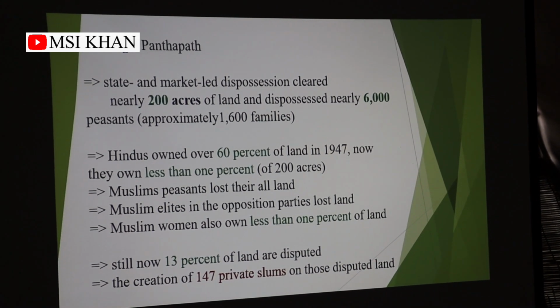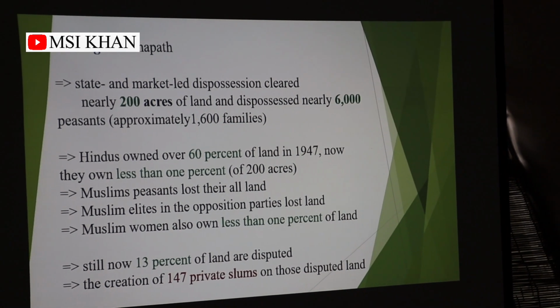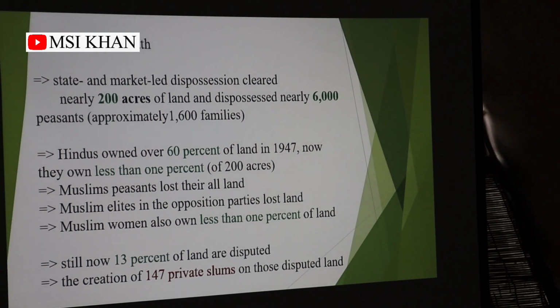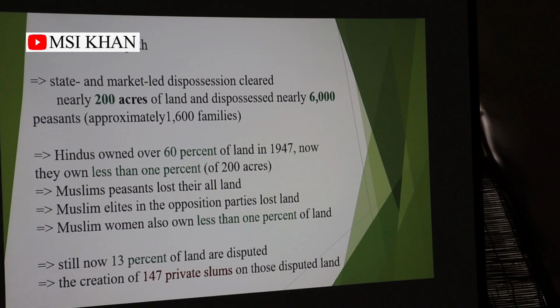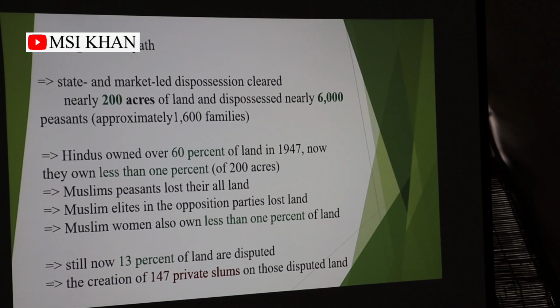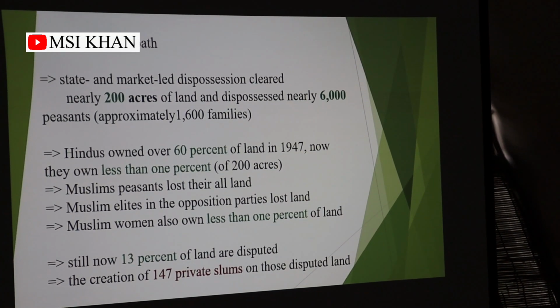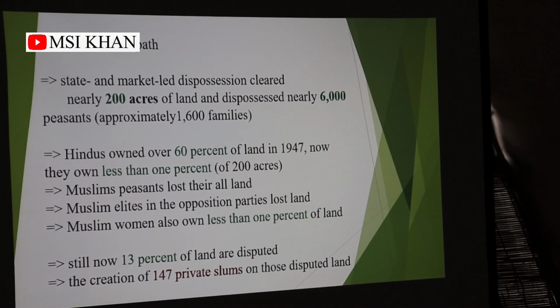So now, how to explain this dispossession or land accumulation? Over there, more than 60% of land was owned by Hindu people historically, because of the Zamindari system.